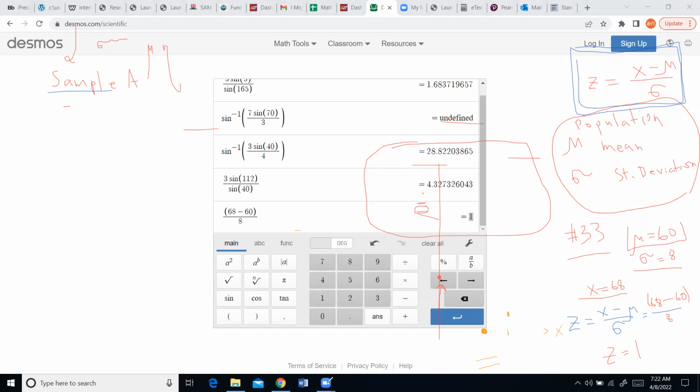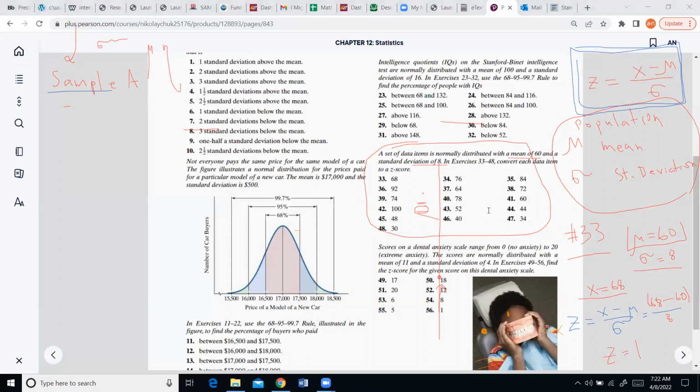It turns out we have to somehow be able to tell them apart, a sample, which is a part of the entire thing, from a population. So let me try another one, like exercise 36, that says, what if you're dealing with an x equal to 92? Find the z-score, that z, which is x minus mean over standard deviation. Well, it looks like I'm going to do pretty much the same thing.